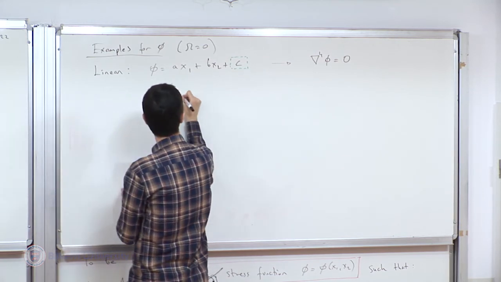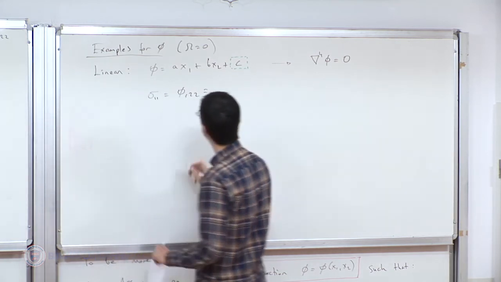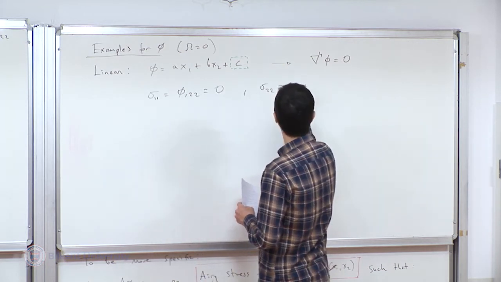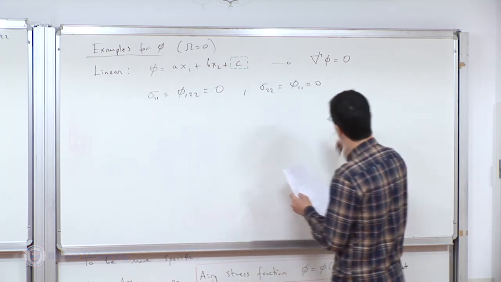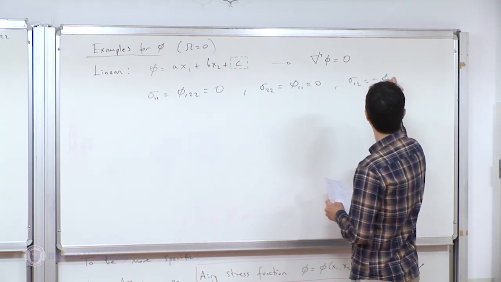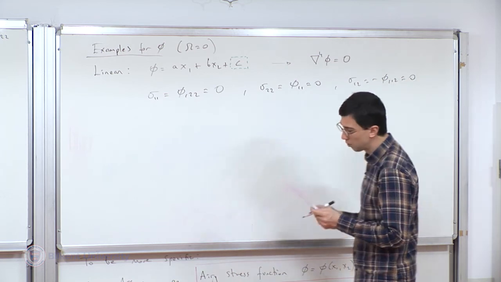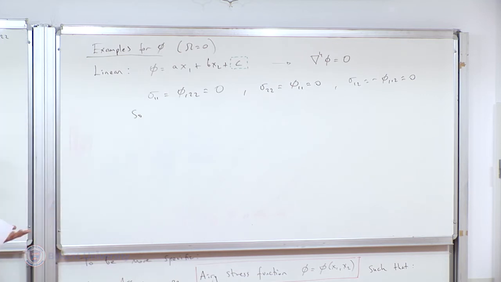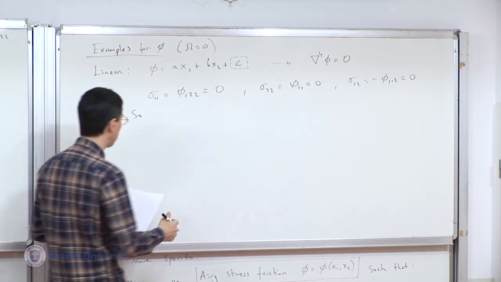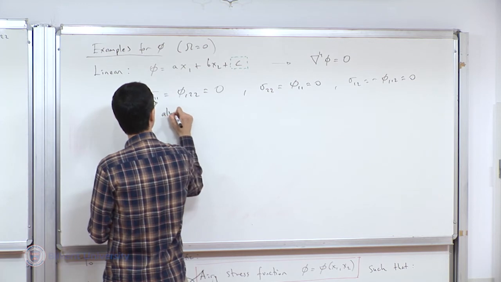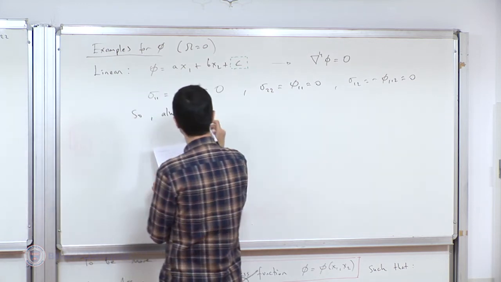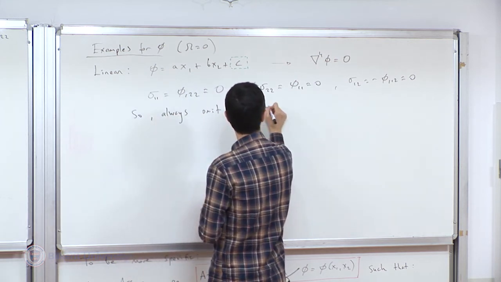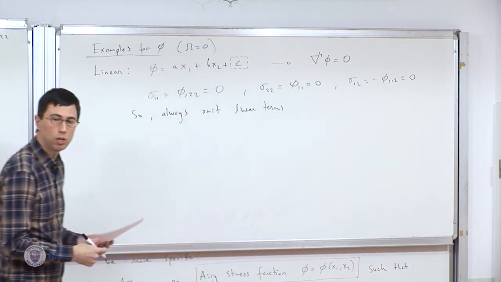Because if you calculate the stresses, as you see, sigma 1 2 is minus phi comma 2 1, it is equal to 0. Sigma 2 is equal to phi comma 1, it is equal to 0. And sigma 1 is phi comma 2, it is equal to 0. So in other words, linear terms in the Airy stress function are of no good for the stresses. That's what I conclude. So if I want to eventually solve for the stress field, I might as well omit the linear terms and start with quadratic.